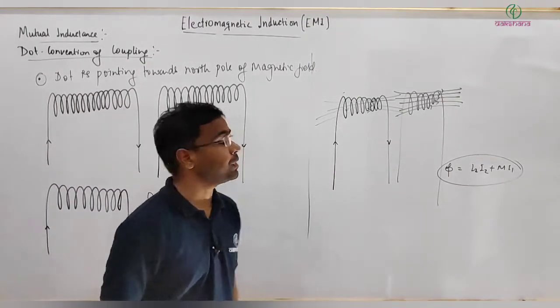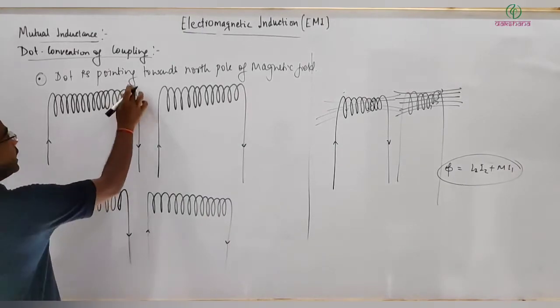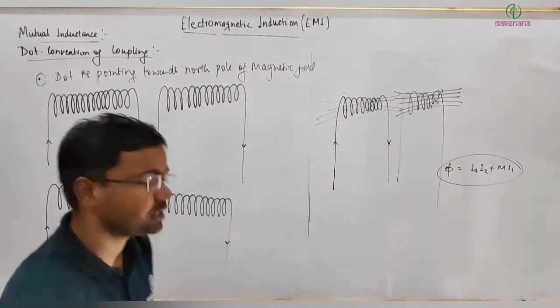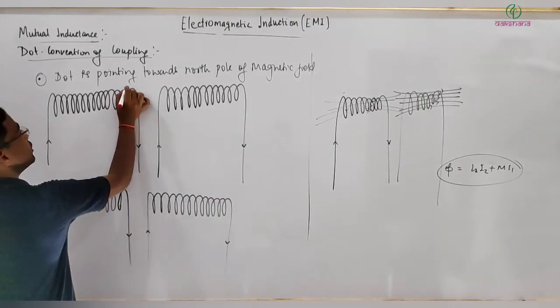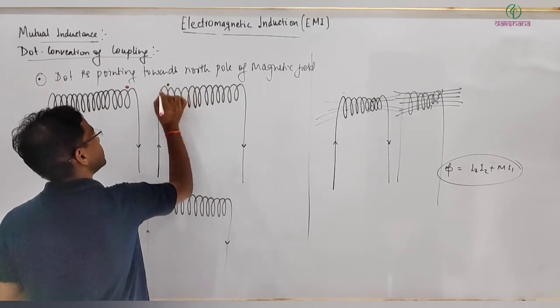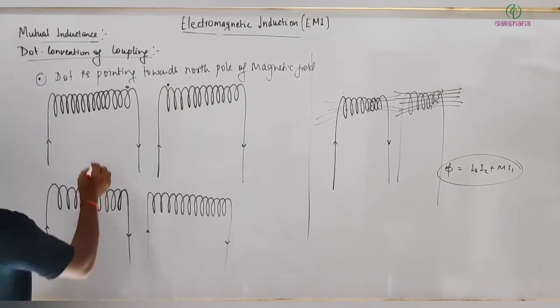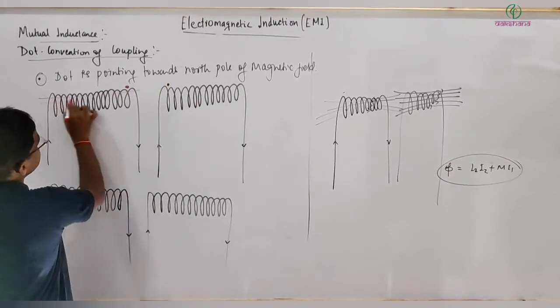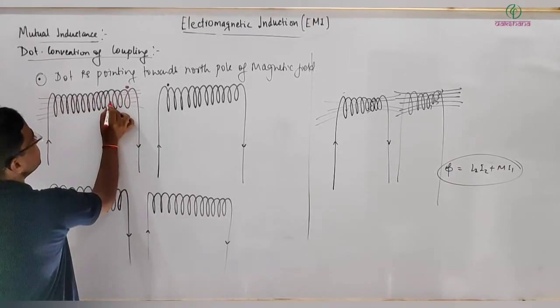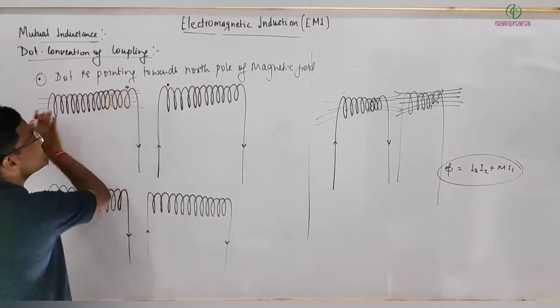See how. Okay. So now let's say the dot is here, I am marking it with a different ink, and in this situation, let's say the dot is here. So now you can see here the magnetic field lines of this will be in this manner. They will be this way, means direction north is this way.